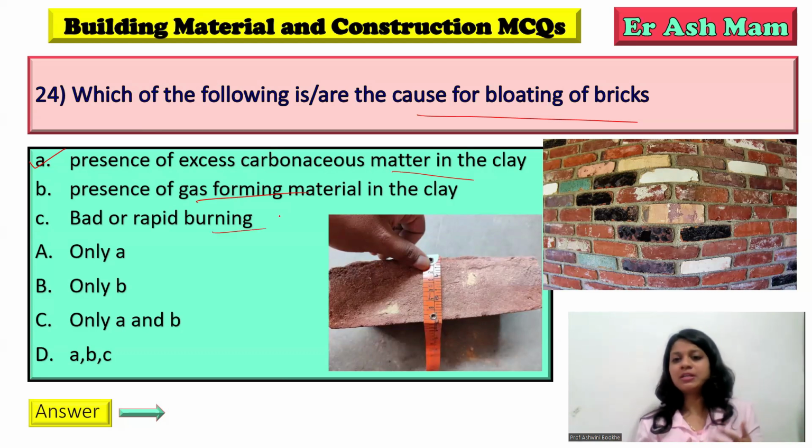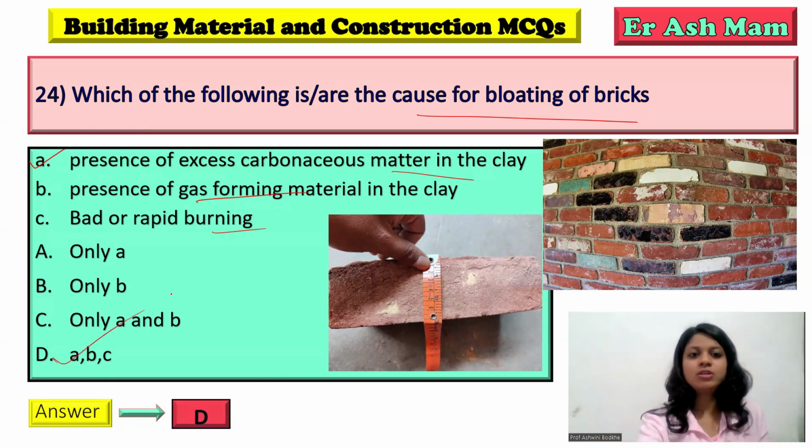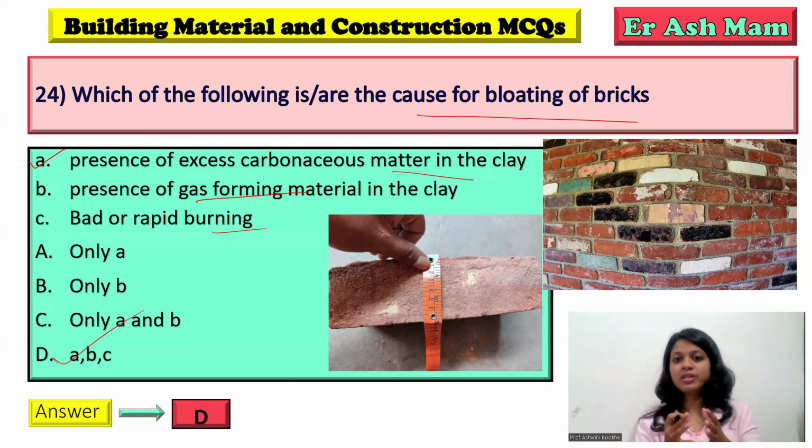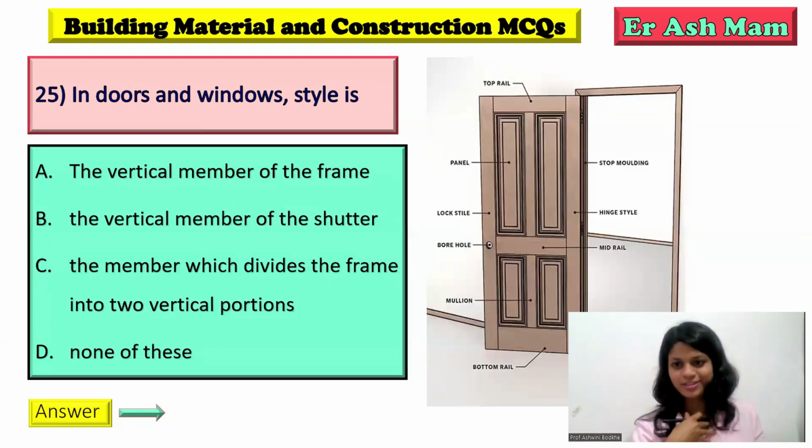If you burn it rapidly or badly, then again brick can float. Okay, so all options are correct. So due to all these three reasons, A, B, C, answer D will be there. Okay, so our brick can float. So you can see here the dimension is increased. It should be this dimension, but here our brick is floated.